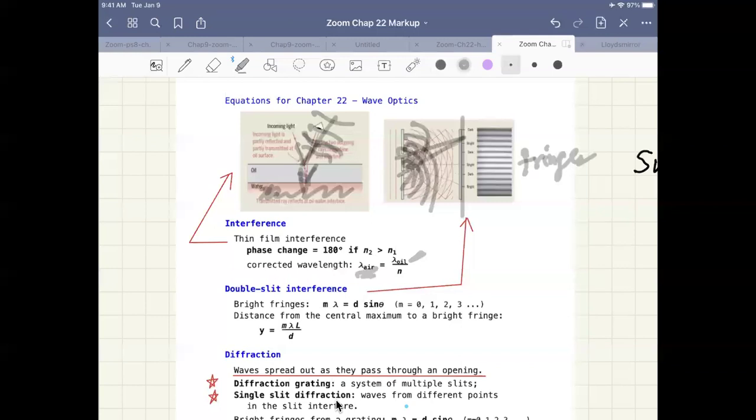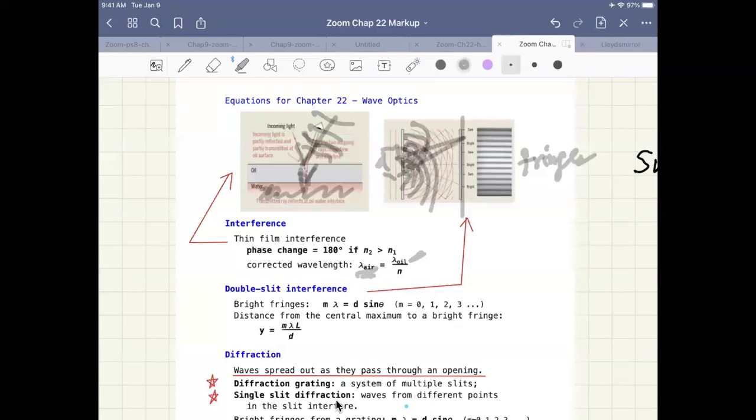The formula for the angular direction of the bright fringes is d sine theta, where d is the distance between the slits. d sine theta is an integer number of wavelengths. That's because the path difference would be d sine theta if the screen is far away.